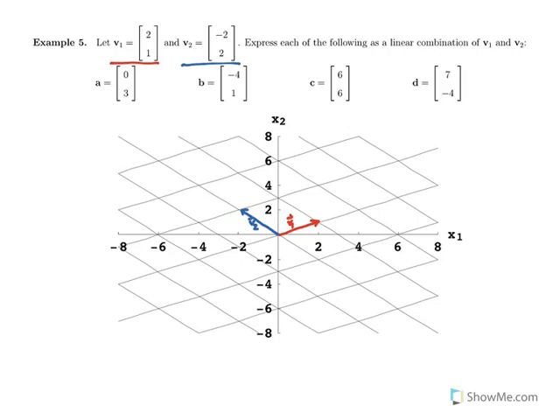So what these lines are going to be are different multiples of V1. So for instance, I could do 2V1, that's this vector right here. I could do 3V1, I could do 4V1 and everything in between.